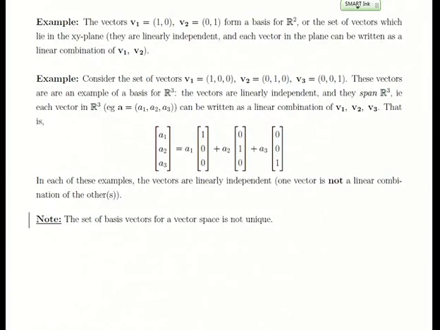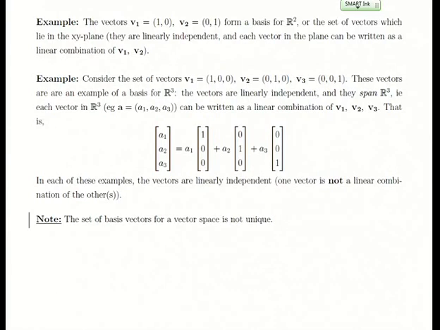If you have (2, 4), I would take 3 of the first one and 1 of the second one, and then I'm here. You can put any numbers here, and you'll be able to find a linear combination. So pick a number here and a number here, and you'll be able to get anywhere in 2-dimensional space.